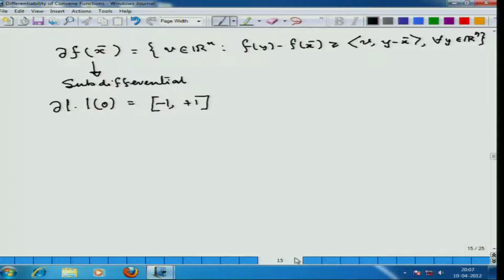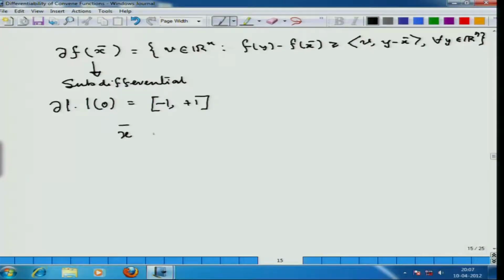Now, the interesting part of this is that, okay, you have done this, but observe there is something very important. Now, I have made a very important leap. My gradient is no longer a vector, my gradient is a set. So, given an x bar, my gradient is not a vector, but a set. So, I am taking a vector in Rn and by the subdifferential, which I am claiming to replace the gradient of a convex function where it is non-differentiable, by a set.